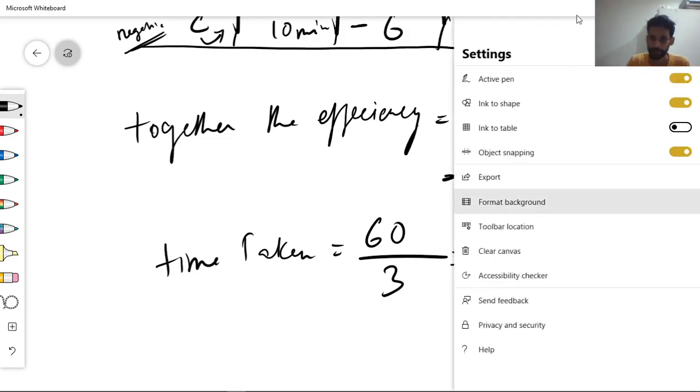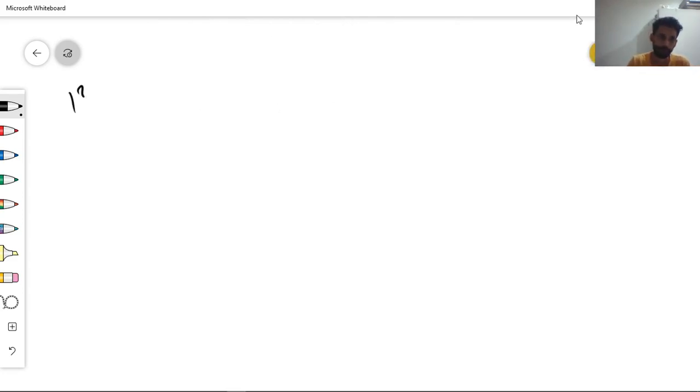Now question number 13. A pipe can fill a cistern in 6 hours, but due to a leakage it fills it in 7 hours.